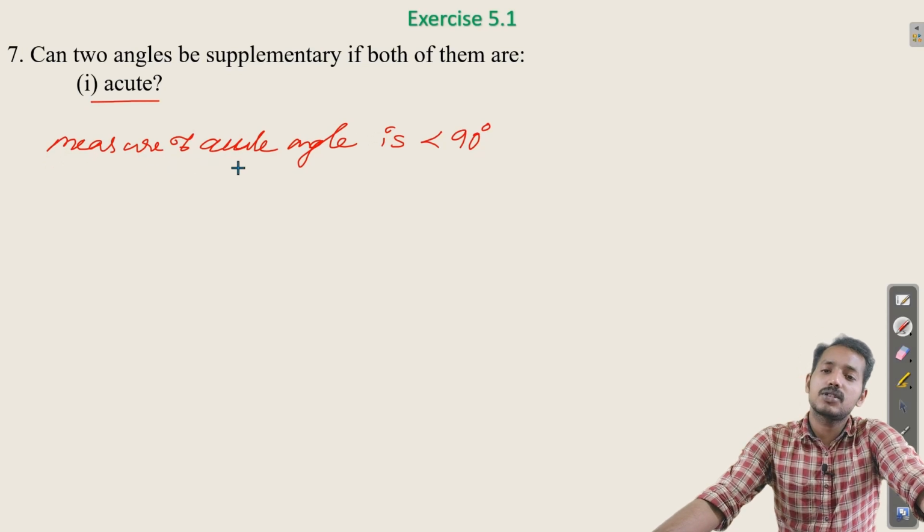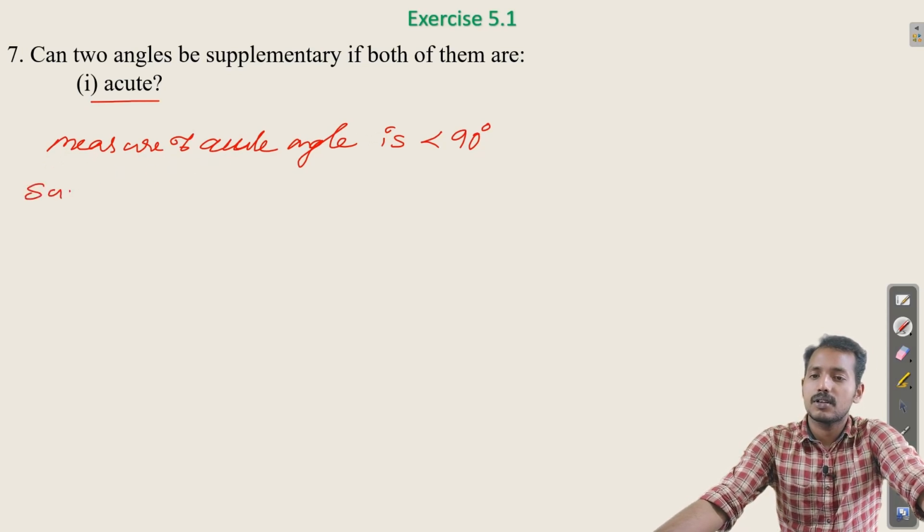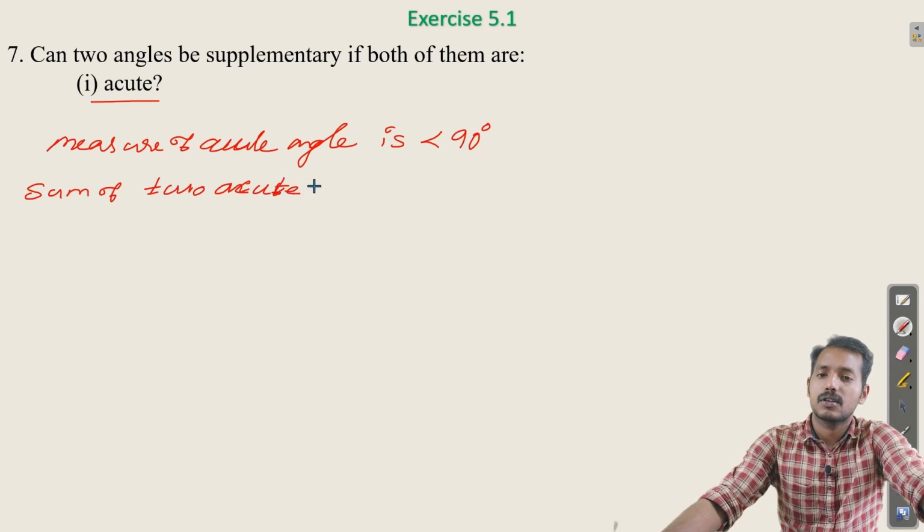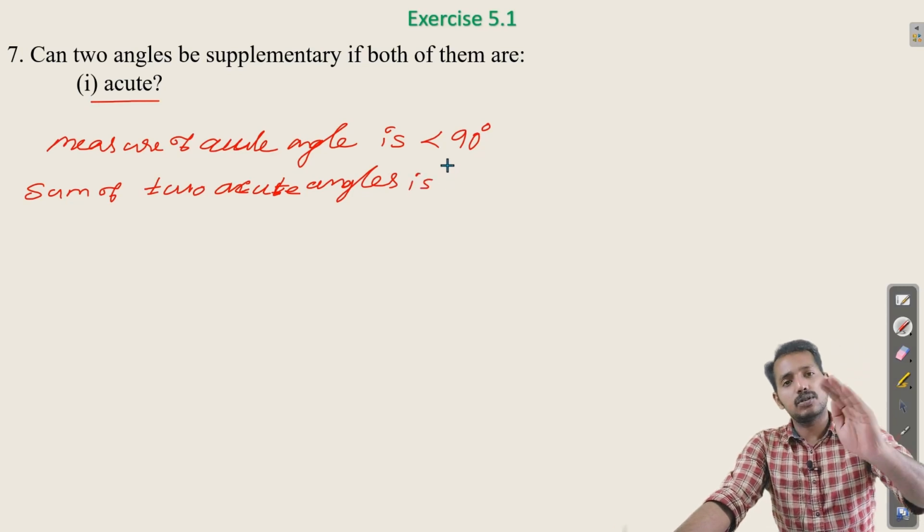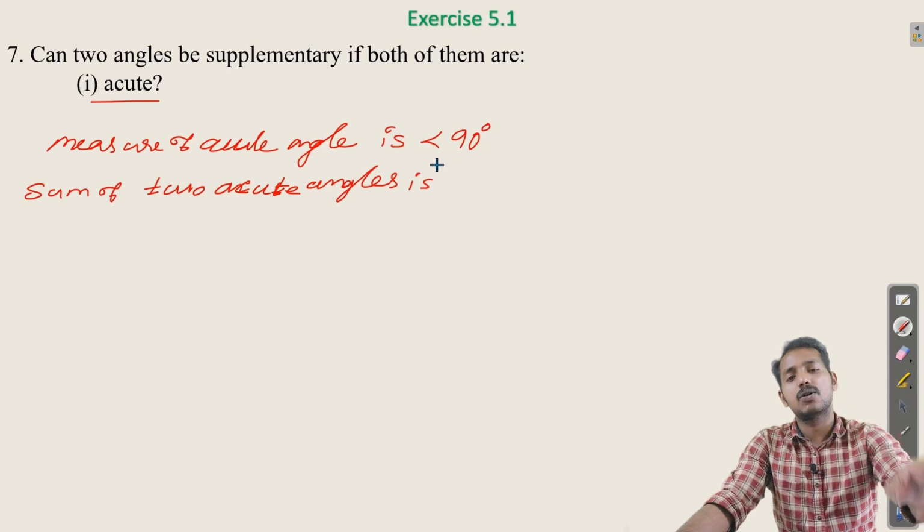Then the sum of these two acute angles: both are less than 90 degrees, so their sum should be less than 180 degrees.